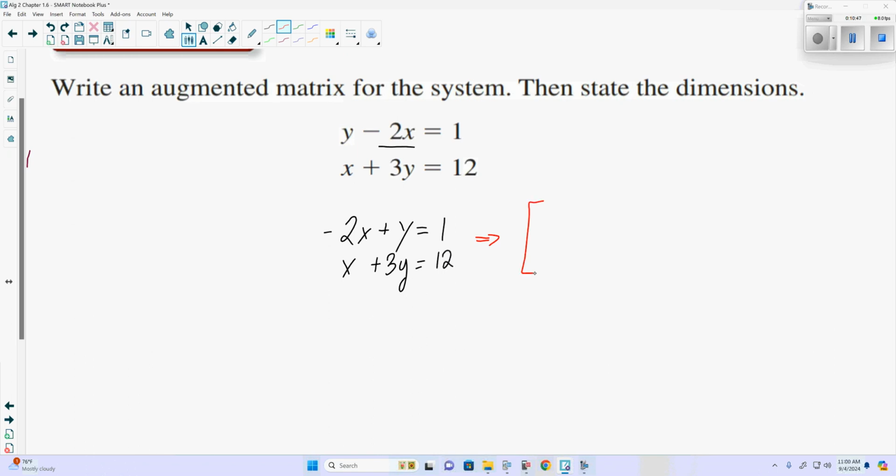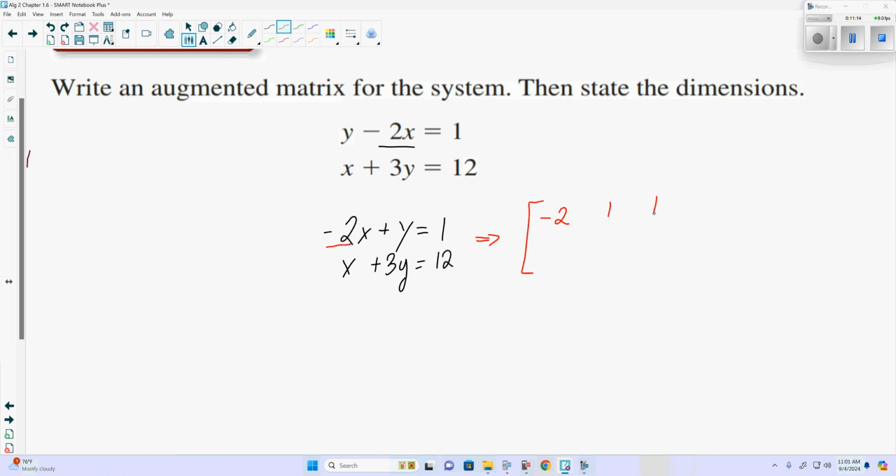Now we want to write it as a matrix, yes? Questions on what we've done? Really all we did was rewrite it so it's xyz, or xy in this case, yes? Numbers going across the top. Our first one would be from x, which is negative 2. Next one would be the number in front of y, and the number in front of y is 1.